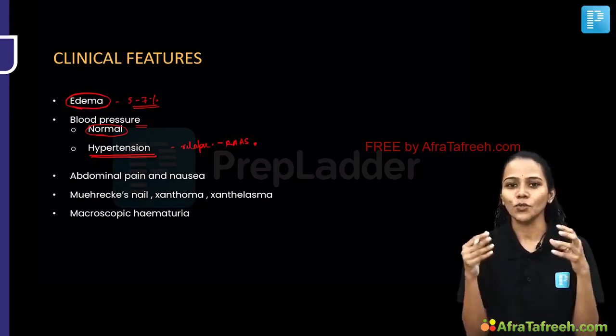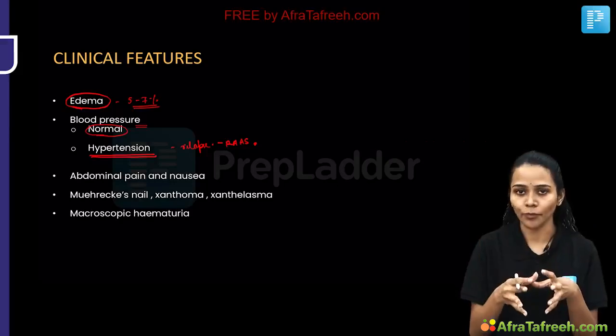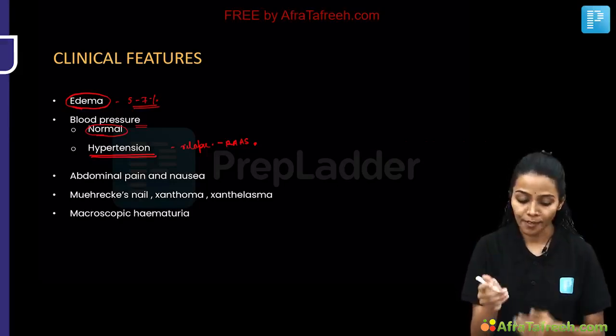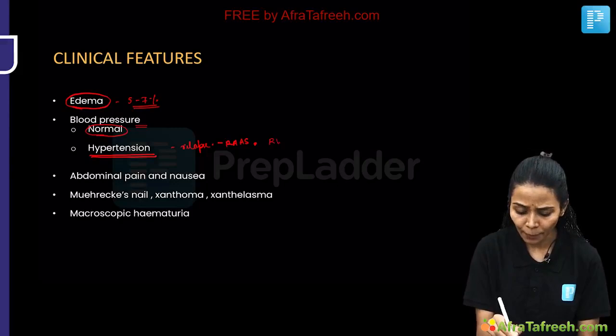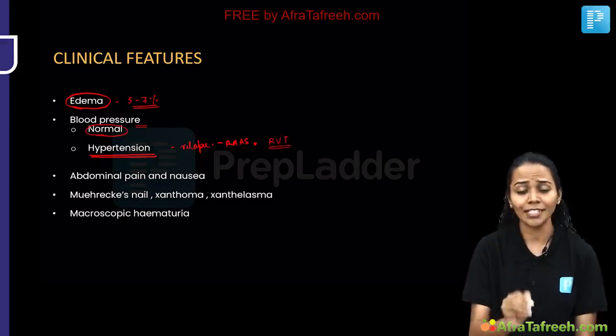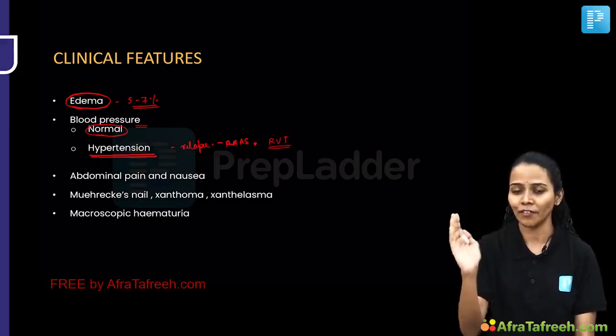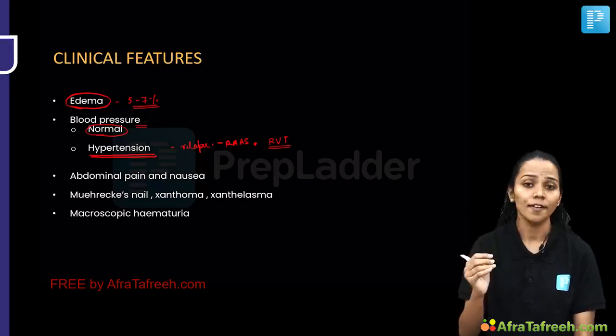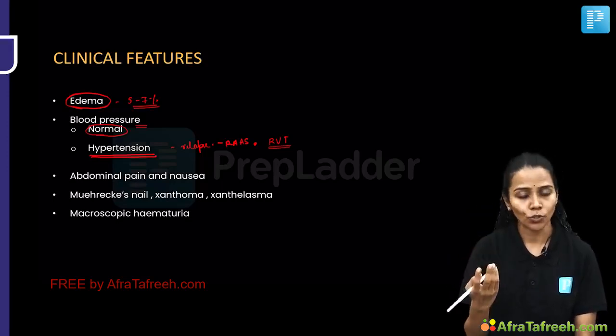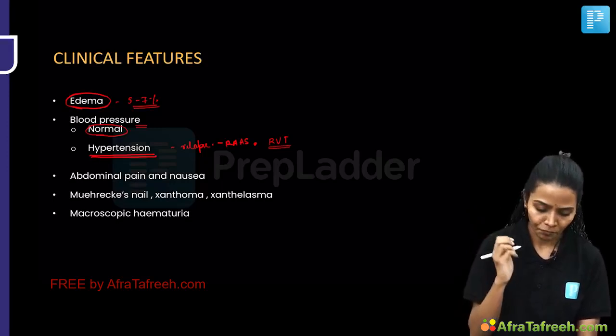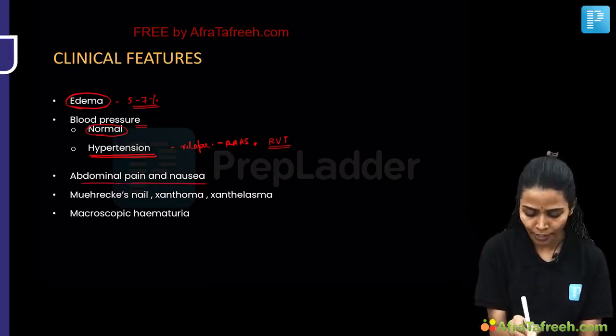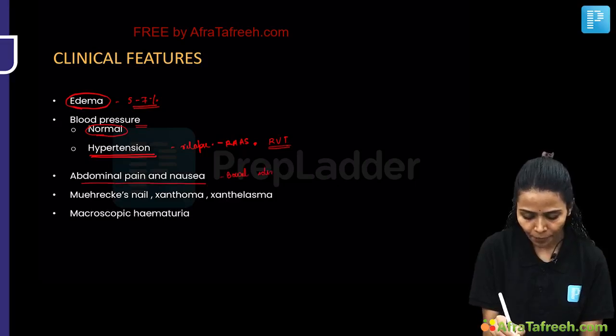But once we infuse albumin, we restore the volume of the patient, this hypertension settles. Another condition in which hypertension occurs is when the patient develops renal vein thrombosis. So in this situation also, hypertension can occur. Abdominal pain and nausea can happen if there is bowel edema.